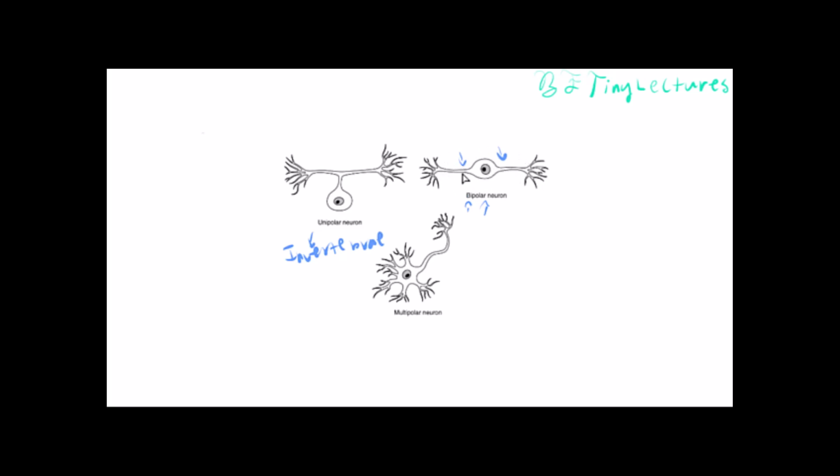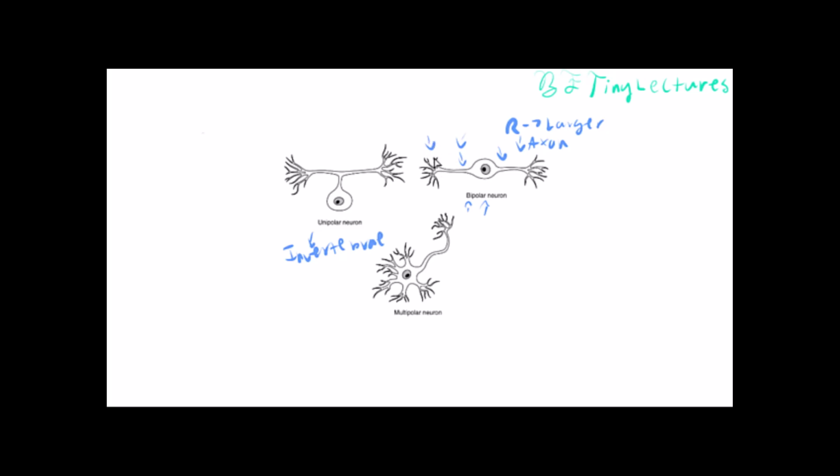Now, between the processes, one of them will be larger than the other. So let's say, for this example, just randomly, I'm going to assign the right one as being the larger process. And so therefore, this would be the axon, while the other one would be the process with the dendrites.